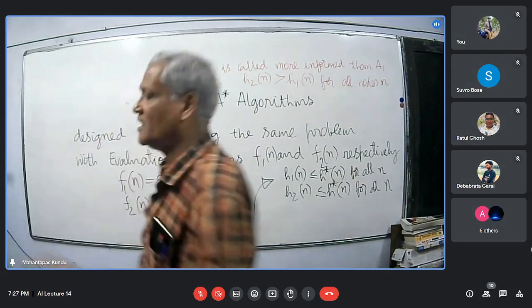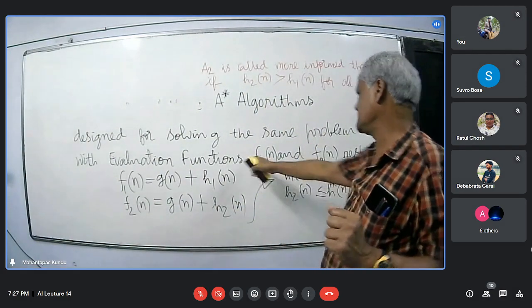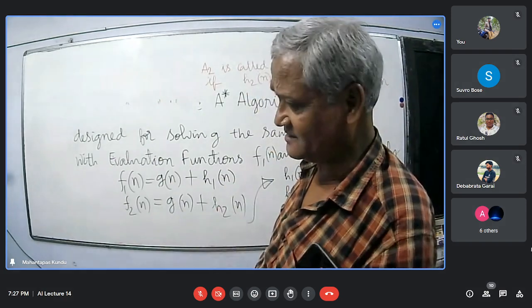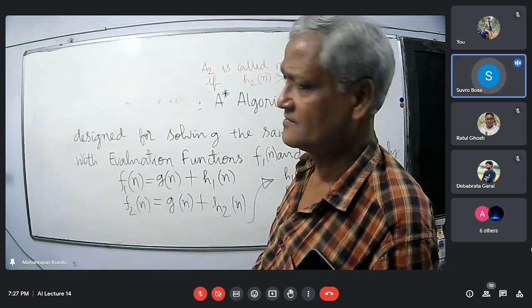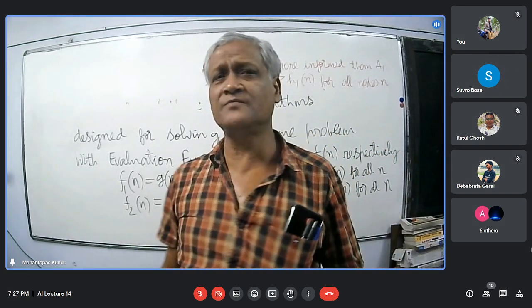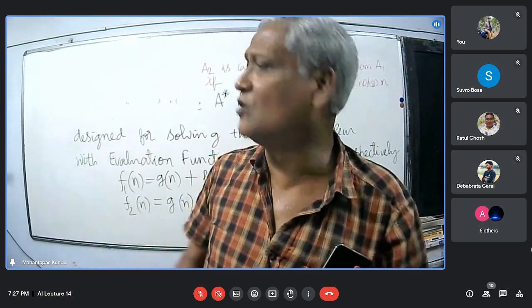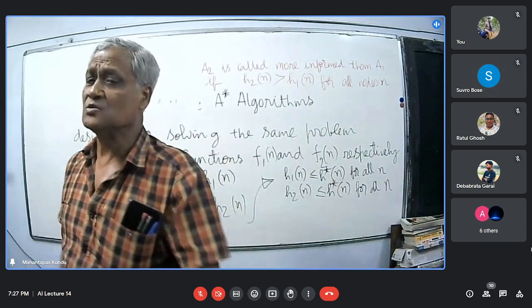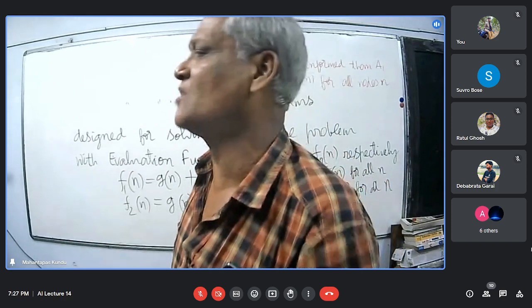Before that, can you tell me what is the main objective of using this heuristic function H(n)? To make an informed search. To make an informed search means to guide the search towards the goal, so that the goal node can be reached by expanding a lesser number of nodes.